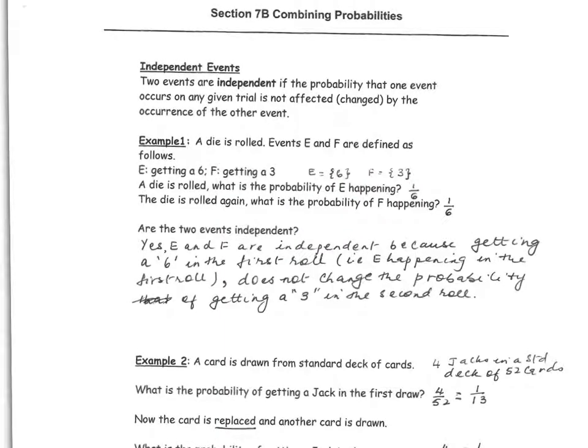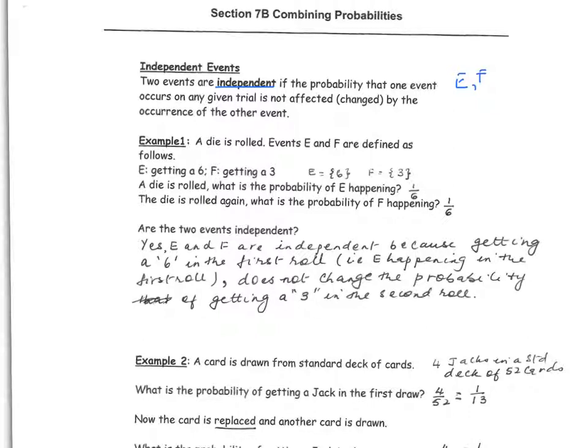Let's start with the definition of independent events. Suppose we have events E and F. They're two separate events. How do we know that these events are independent? The word independent is defined here.